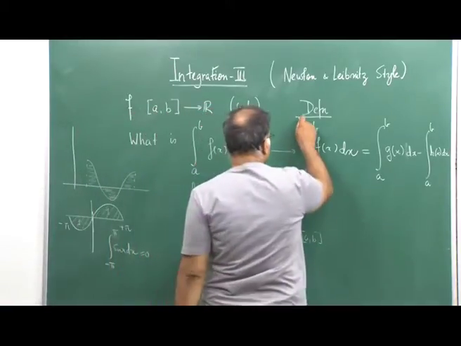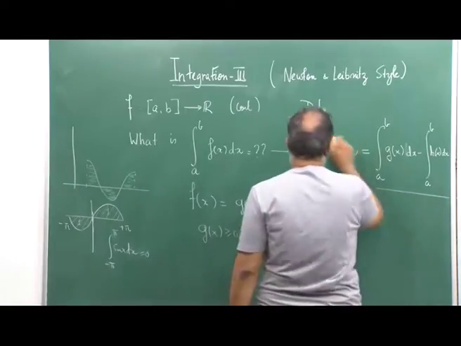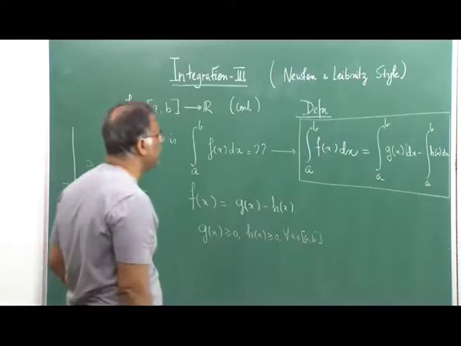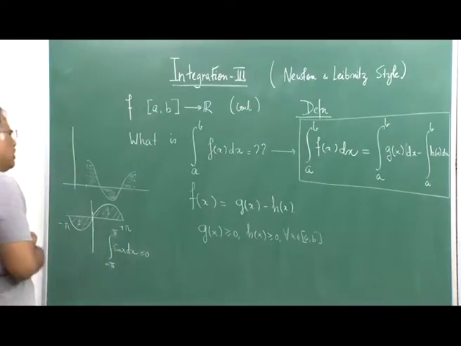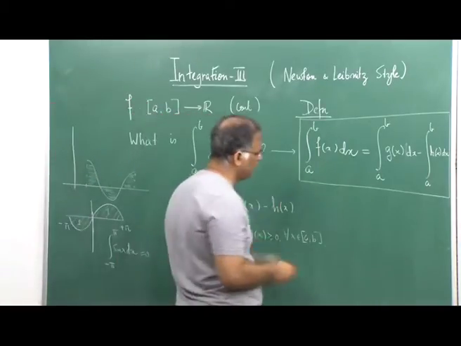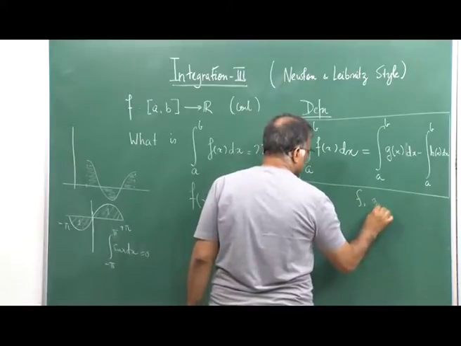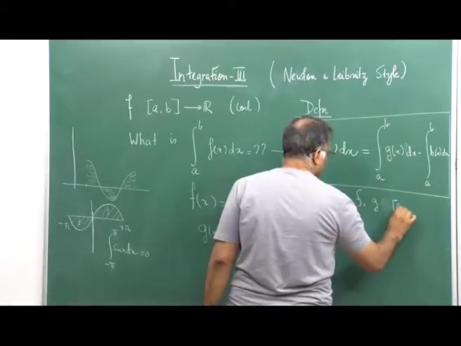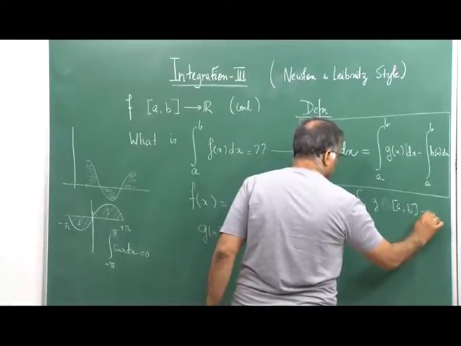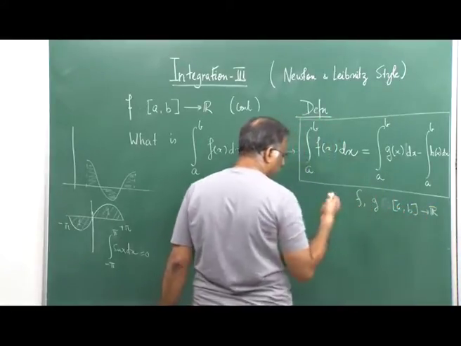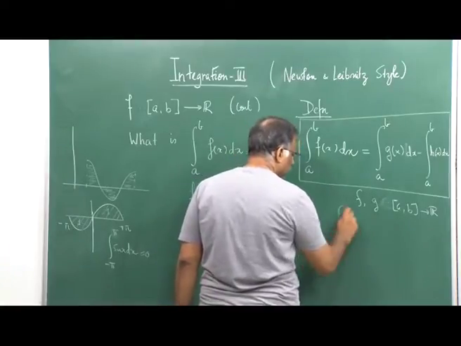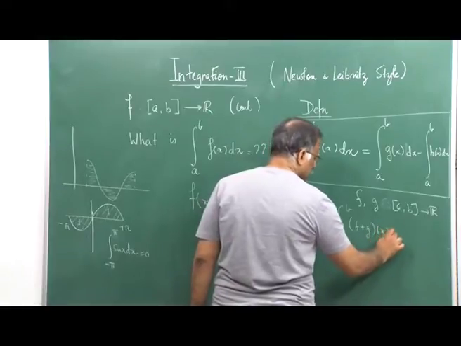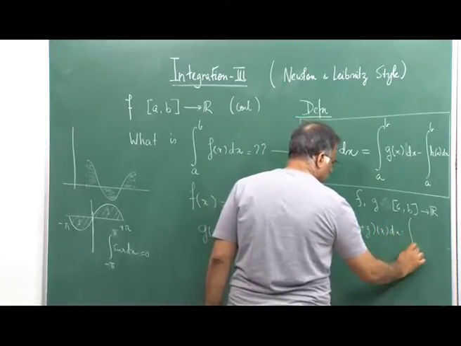Once I have defined this, any formula that we know for a non-negative function can be done for these functions. For example, now if f and g are functions from [a, b] to R, it doesn't matter whether they are non-negative or not, this would again be true.